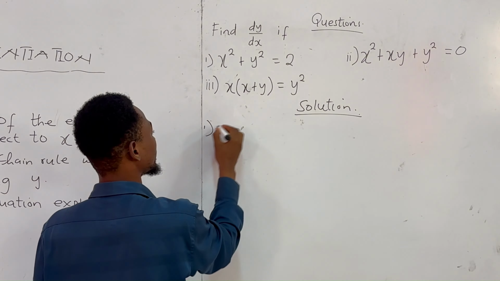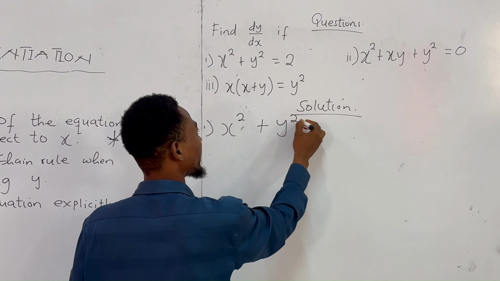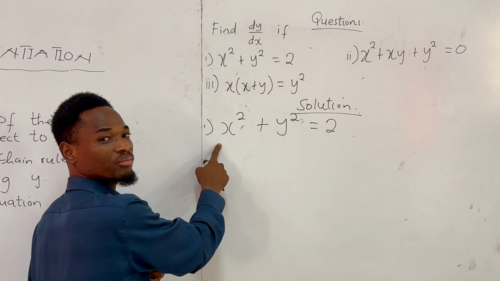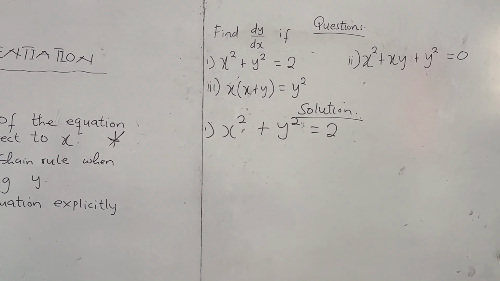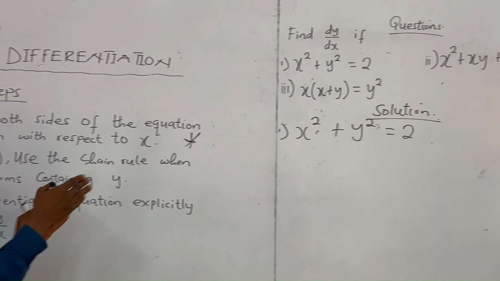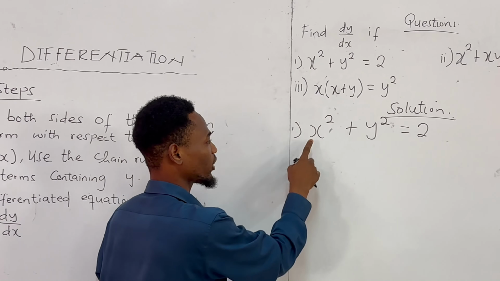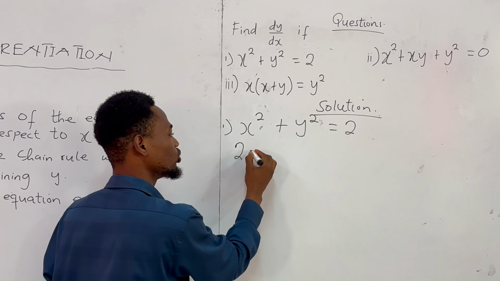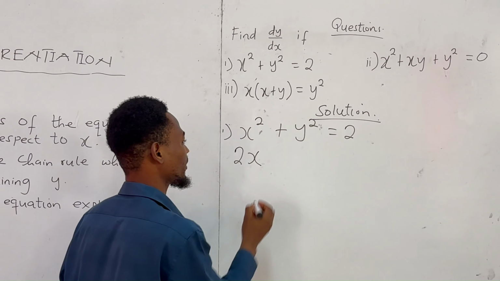So I have x squared plus y squared equals 2. I'll differentiate the term containing the x first. So differentiate both sides of the equation term by term with respect to x. So let me touch on the x first. When I differentiate x squared, I'll have 2x, as we've been doing always.